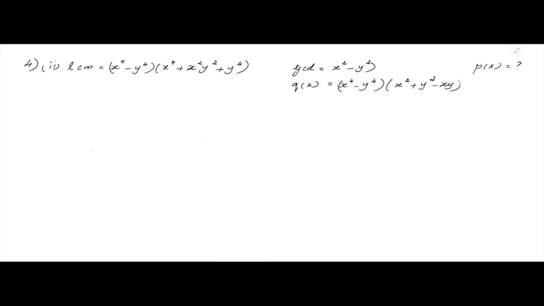You are asked to find p of x, and here previously the last sum we have done this. Do you remember? Previous sum, second or third one, we have done this. X square the whole square plus x square y square plus y square the whole square. You just add x square y square and you subtract x square y square.